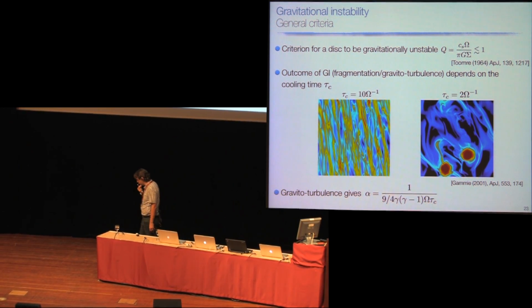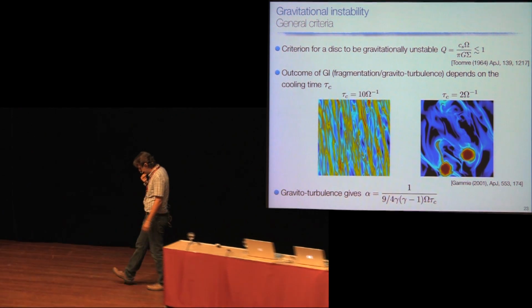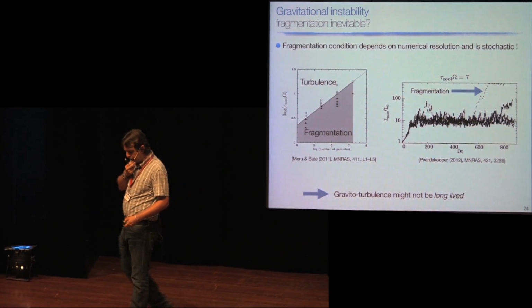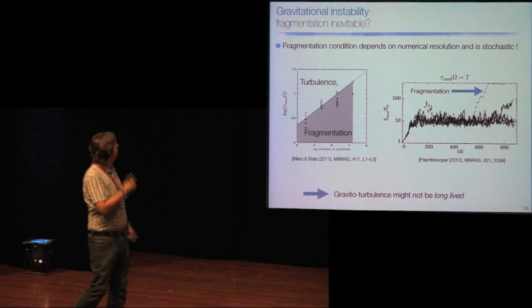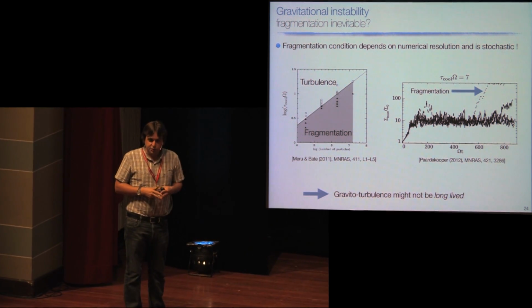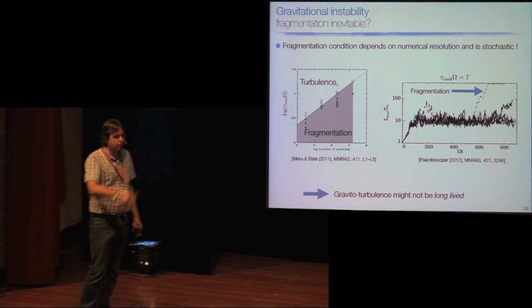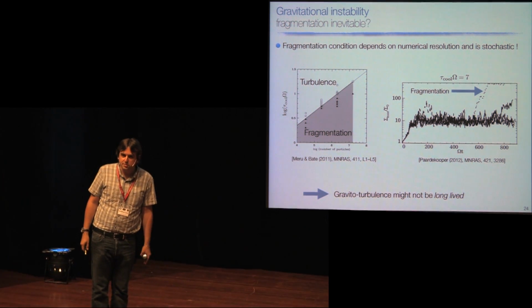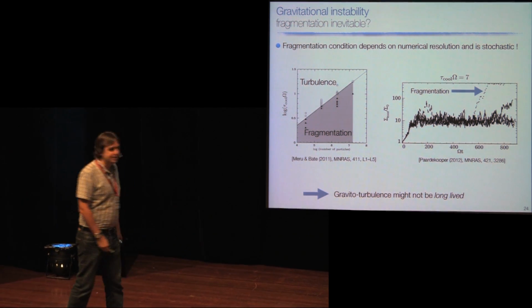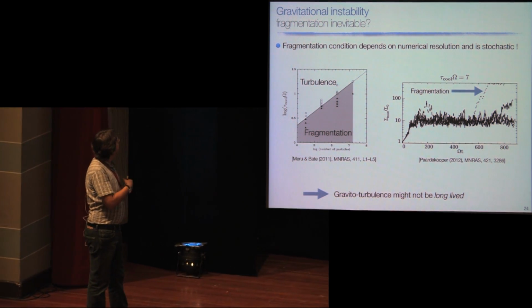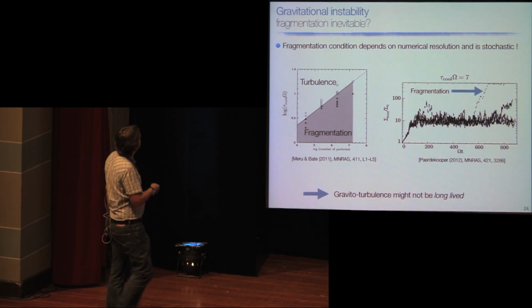So that was the picture in 2001, and recently this idea has been challenged by at least two groups of people. It turns out that the fragmentation condition, this critical cooling timescale, depends on the numerical resolution and is stochastic. That's really bad news. So what do we have here? That's a paper by Meru and Bate, 2011.